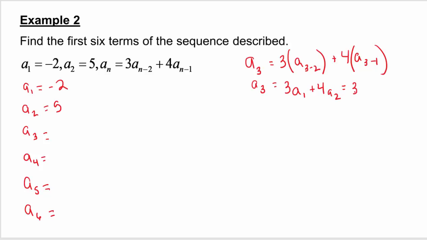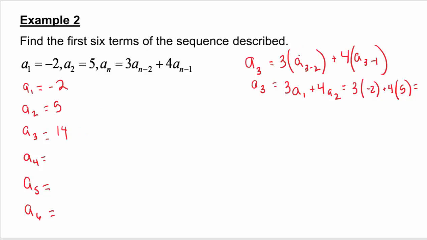My first term is -2 plus 4 times my second term, which is 5. And I'm going to use my calculator, and I get 14 for that.